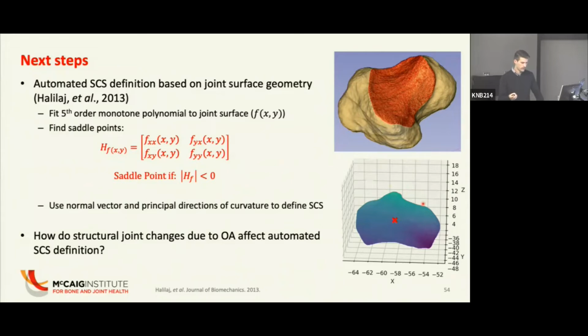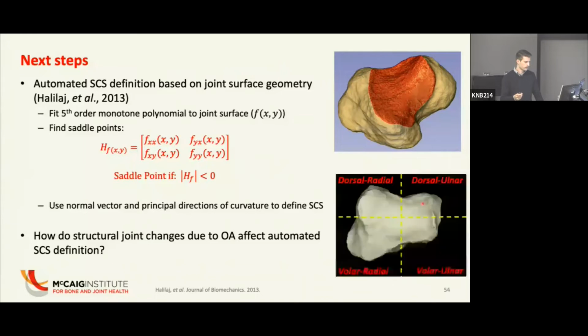However, it's not really clear whether we can use these automated techniques or if it's better to use something manual when we're talking about joints that are affected with osteoarthritis. In the case of the trapezium, we can see flattening of the joint surface and formation of osteophytes along the edges as well. Using this approach, we're able to get that normal vector at our saddle point, which then allows us to split up the TMC joint into different quadrants.